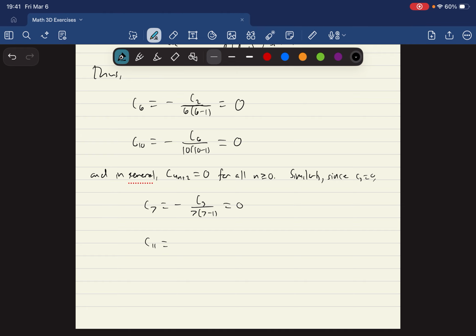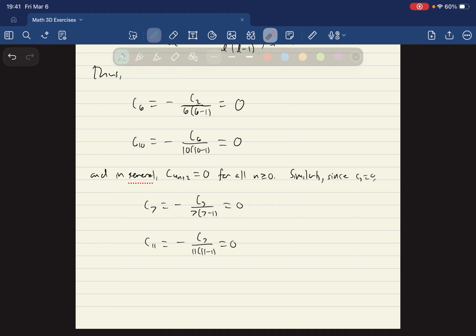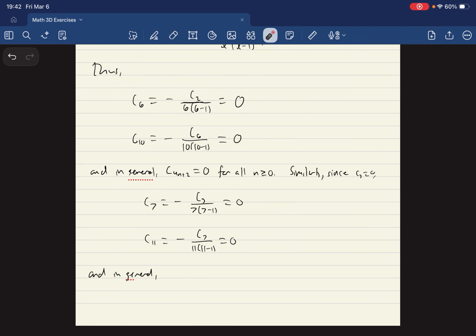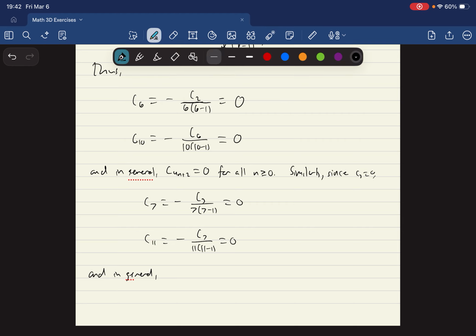If I add 4 to 7 once more, I get this. And this again has to be 0 because we just found that C7 is 0. And in general, the pattern is, you might see that we're doing 3, then 3 plus 4, then 3 plus 2 copies of 4. So this tells me that C of 4n plus 3 coefficients are 0 for all n.